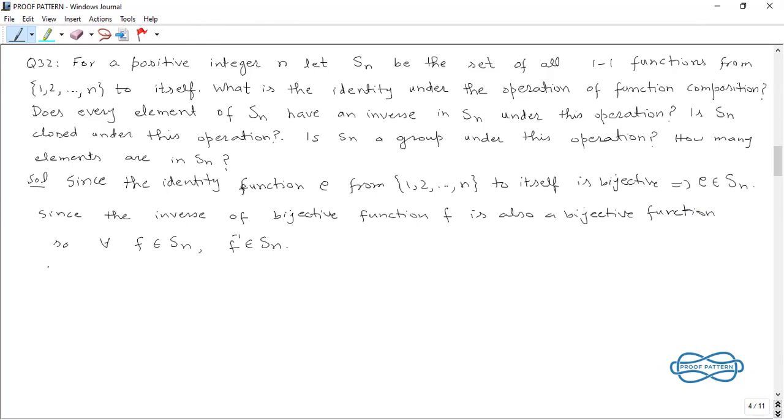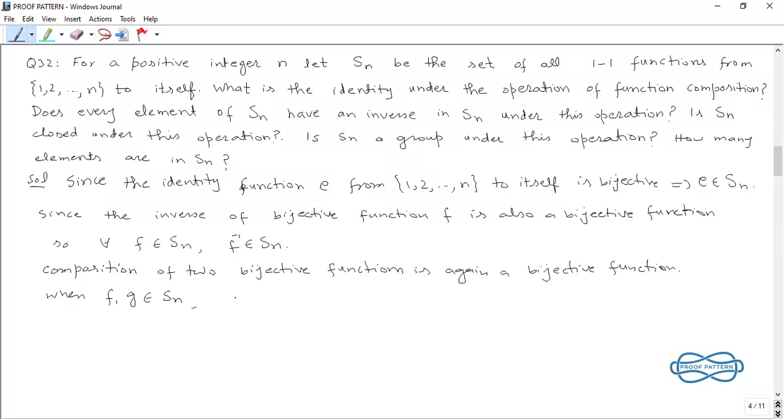Next, composition of two bijective functions is again a bijective function. That is, whenever f and g belong to Sn, their composition also belongs to Sn.